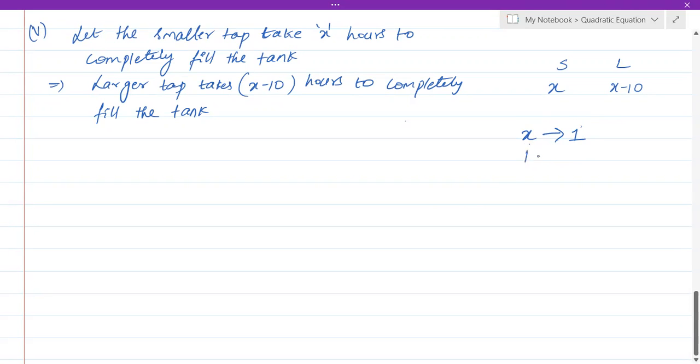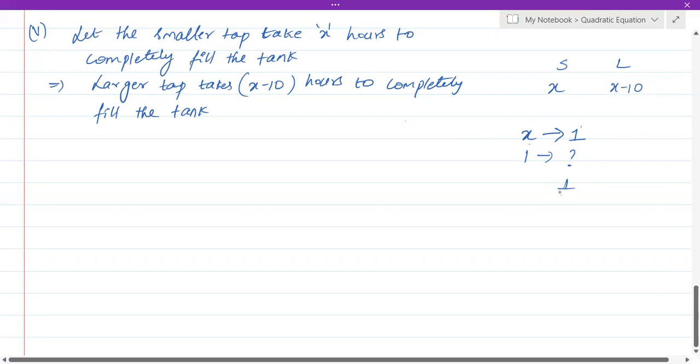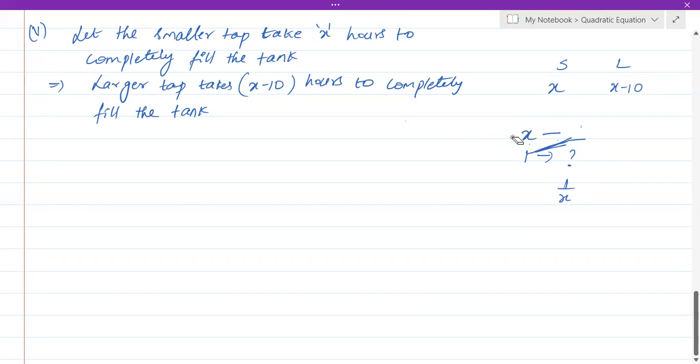In 1 hour, how much will I complete? What part of work will be done? So cross multiplying, 1 into 1 is 1 divided by X. I hope you know this cross multiplication. Multiply these two things and divide by this. We also call this direct variation and inverse variation.